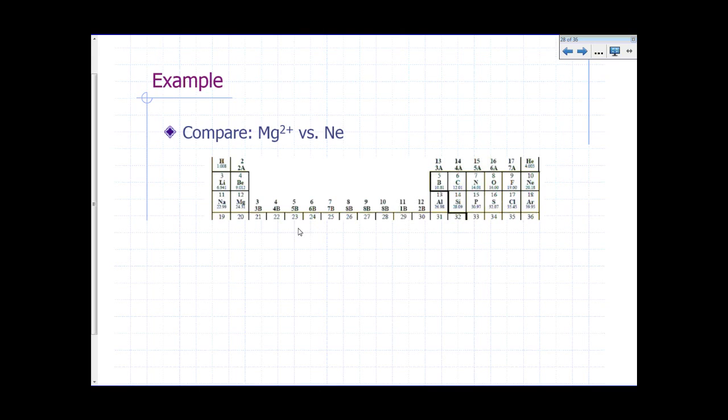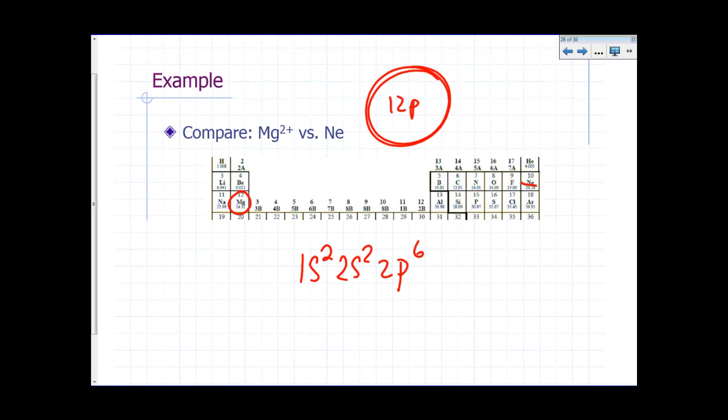Let's compare magnesium +2 versus neon. Magnesium +2 has the same number of electrons as neon, so the electron configuration is 1s2, 2s2, 2p6 for both of them. Which one will have a higher ionization energy? Think of it this way. Magnesium has 12 protons, and you can think of 2 electrons in the core, and it will have 8 electrons in the outermost shell.